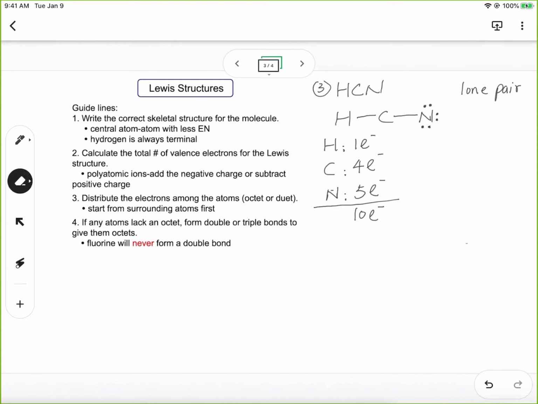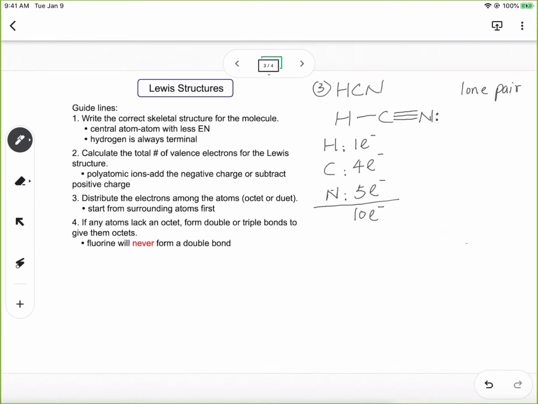Well, first thing is, hydrogen does not have any electron pairs for you to share, so double bond or triple bond can only happen between carbon and the nitrogen. So we ask nitrogen to share 1 more pair. Okay, so form a double bond. But still, it's not enough for carbon because it only has 6 electrons. So how about we ask nitrogen to share 1 more to form a triple bond?